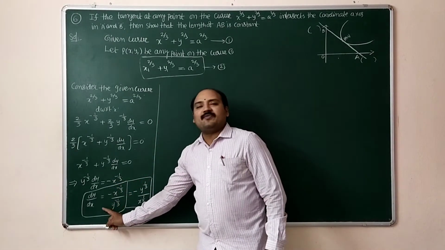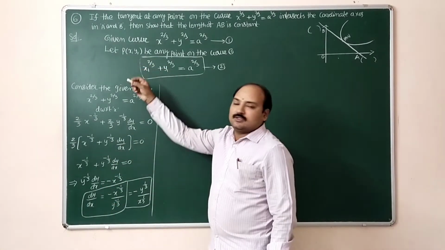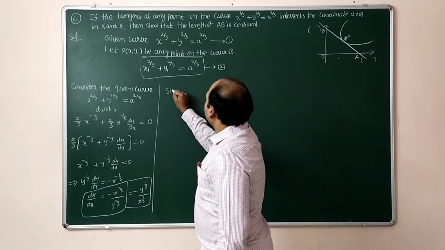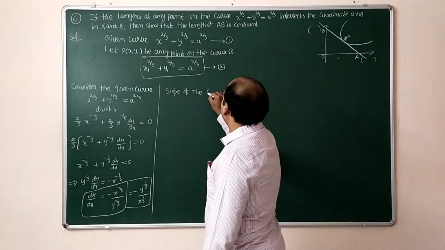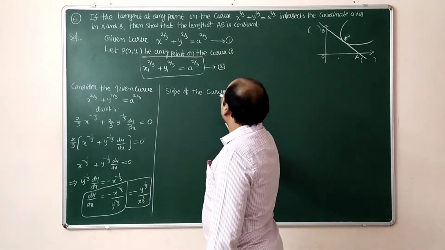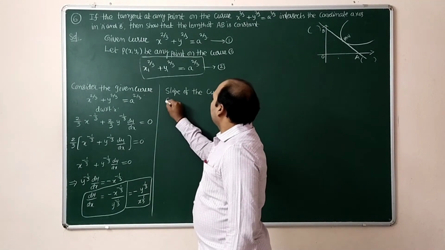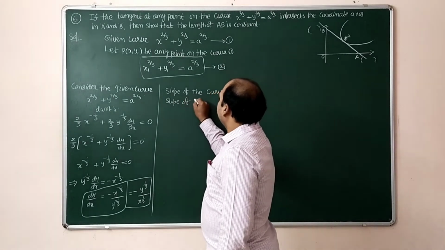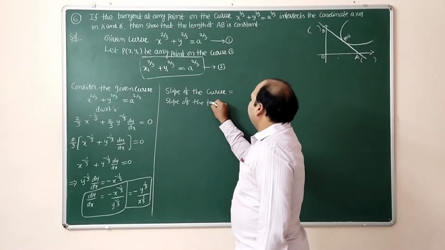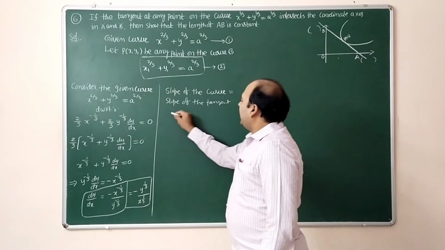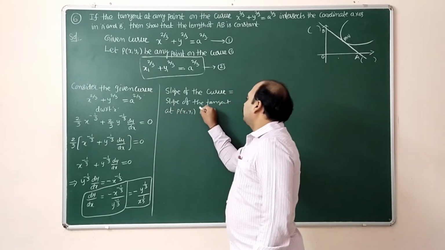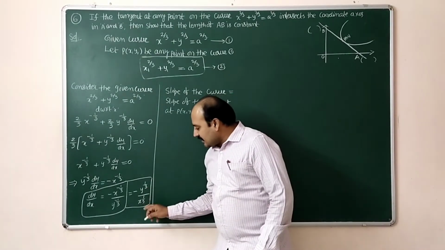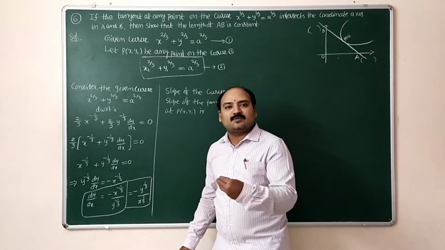After getting the slope of the curve, at what point we can take slope of the curve? Slope of the curve or tangent. Slope of the tangent at P of x1 comma y1 is wherever x comma y is there, you have to replace with x1 y1.